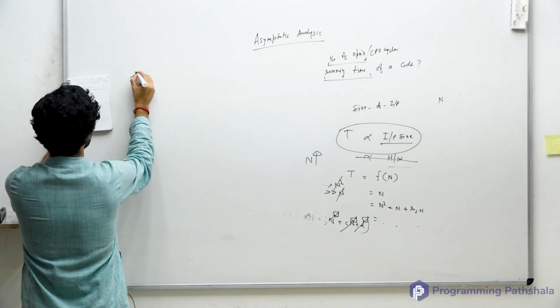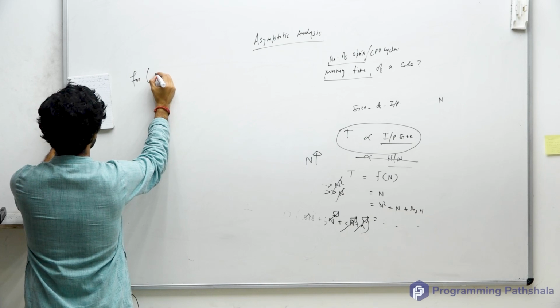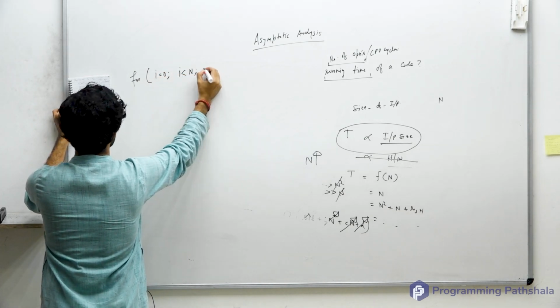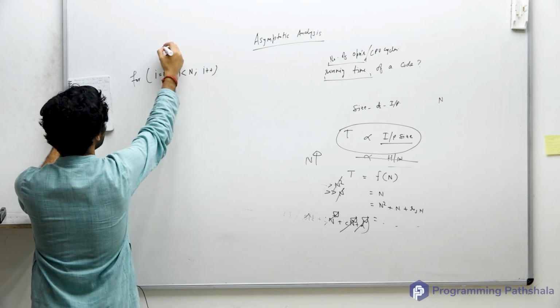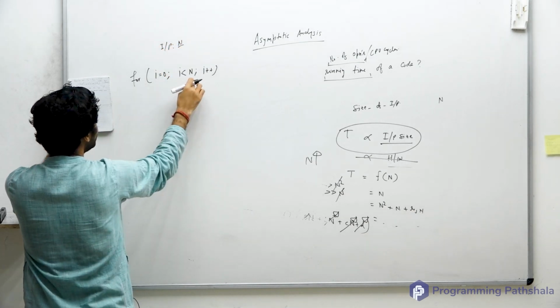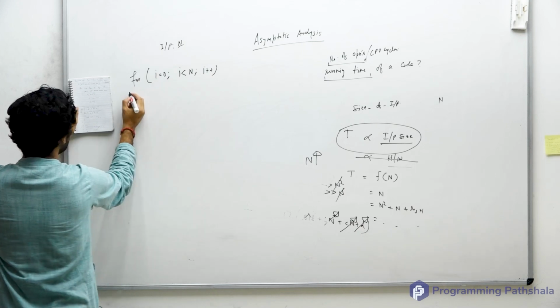So let's say I have a code like, for i equals 0, i less than n, i plus plus. Let's say here my input is the number n, which determines how many times my outer loop is going to run.